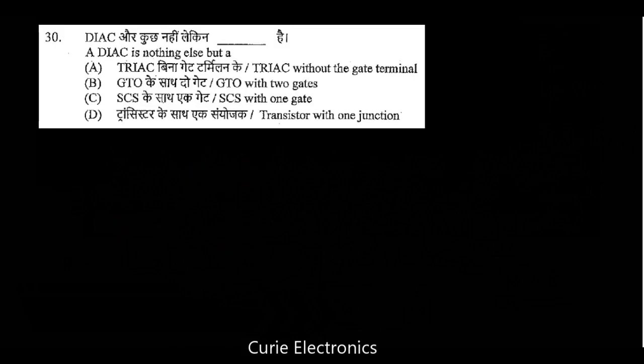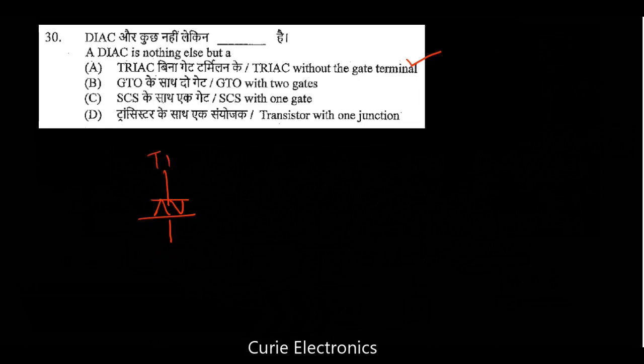Today's last question. DIAC is nothing but a triac without a gate terminal. So this is the DIAC, terminal 1, terminal 2.